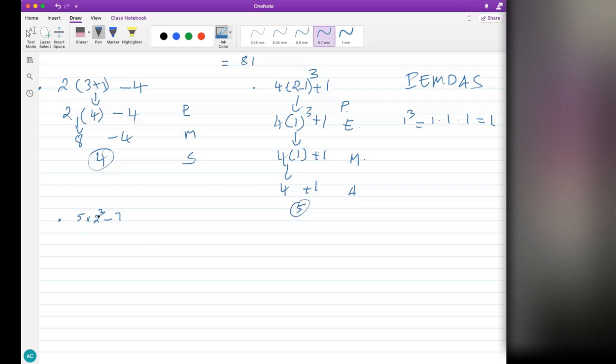Again, it's not 5 times 2, exponent, because it comes before multiplication. 2 to the third, we saw it earlier. What is it? 2 to the third is 2 times the base 3 times. That's right. So exponent. What's next? Multiplication. That's right. 5 times 8, that's 40. 40 take away 7. Now we can do the subtraction. That would be 33.